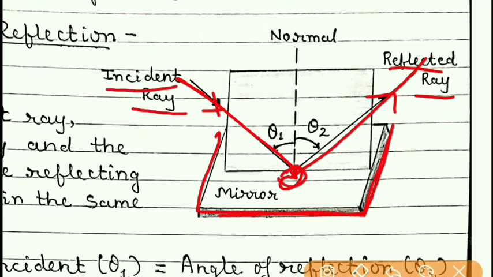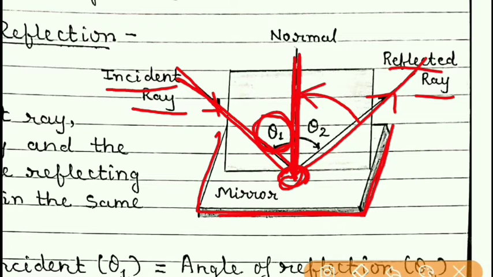Now at the point at which the ray is incident, if we draw a normal to the plane surface of the mirror, then the angle made by the incident ray with the normal is called the incident angle, denoted by theta 1 here, and the angle made by the reflected ray with the normal is called the reflected angle or angle of reflection. Here it is denoted by theta 2.